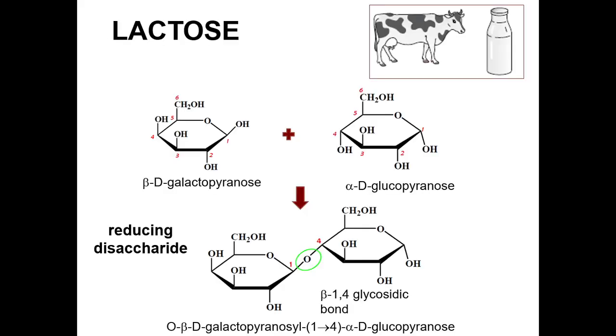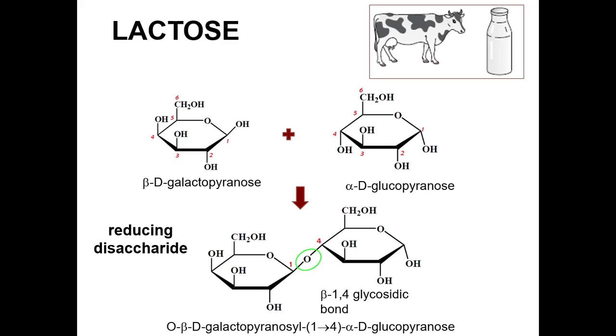So the first one natin is called lactose. So lactose is actually made up of two monosaccharides. So the first one is beta galactose, and the other one is a alpha D glucose. So this is already in the cyclic form.